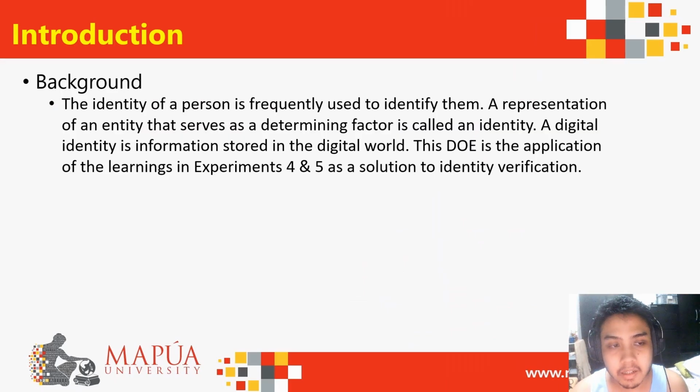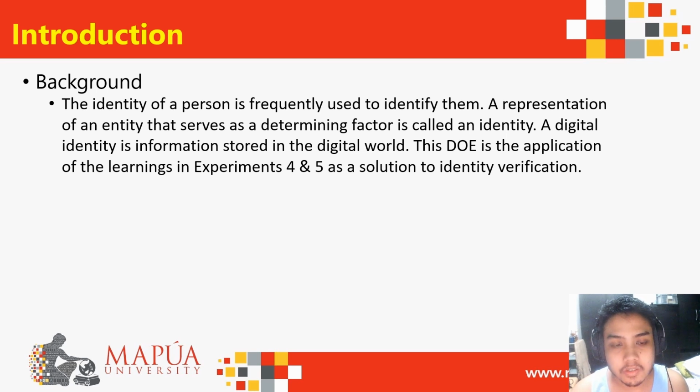So, a brief background regarding our DOE. As we all know, the identity of a person is frequently used to identify them. We use it in different transactions, such as creation of different identification cards.